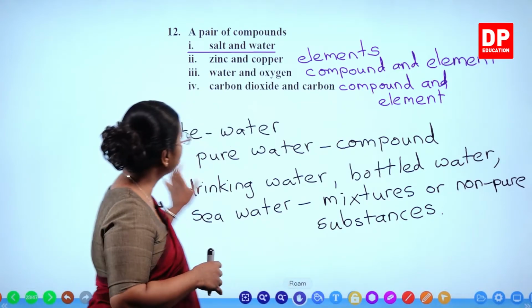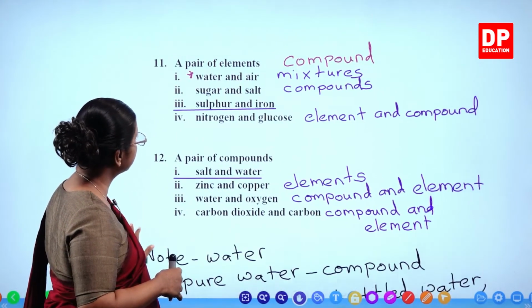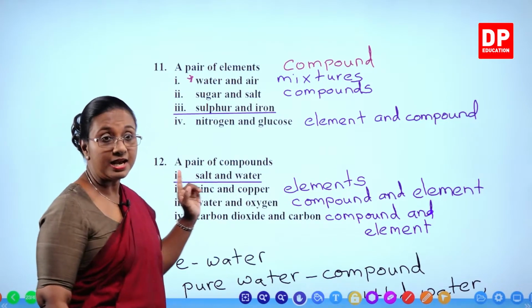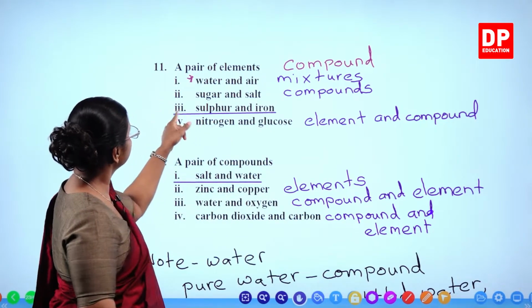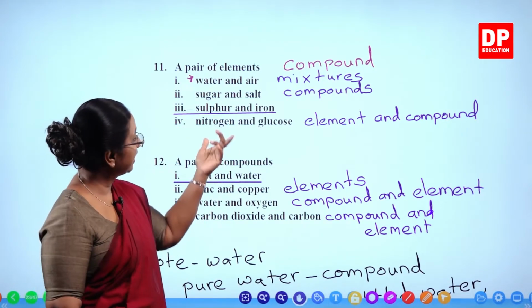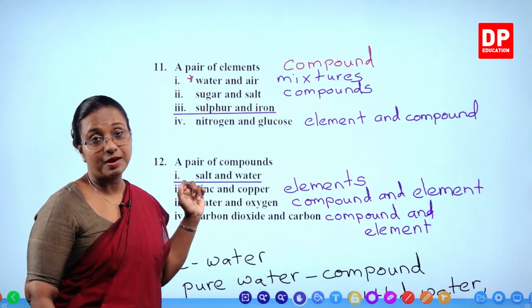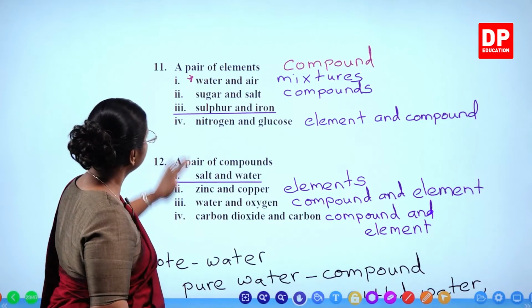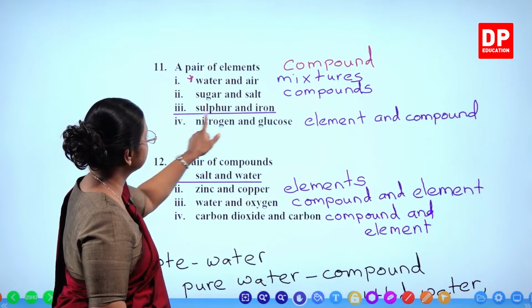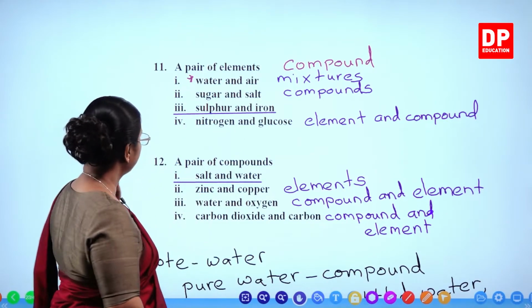So that is why when I discussed the first question, I first took water as a mixture, both water and air, but since it is not specified what water that is, we can also consider it as a compound. But either way, a pair of elements is sulfur and iron, so there's no problem.